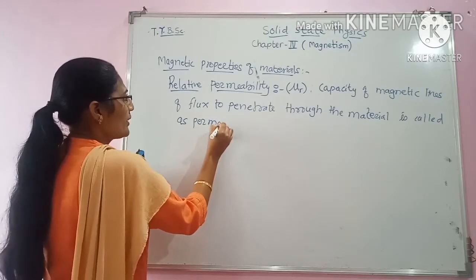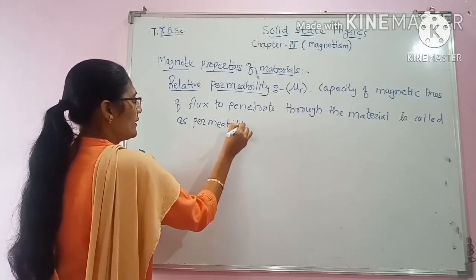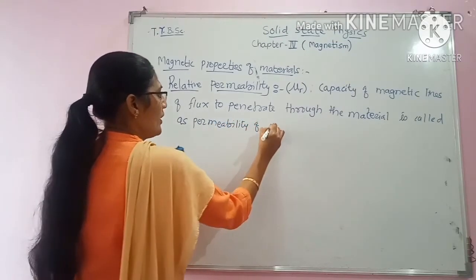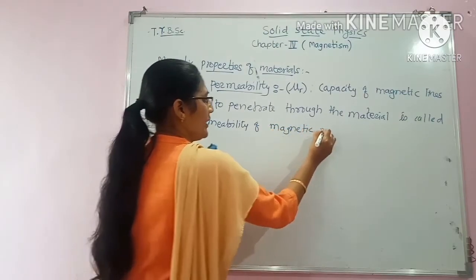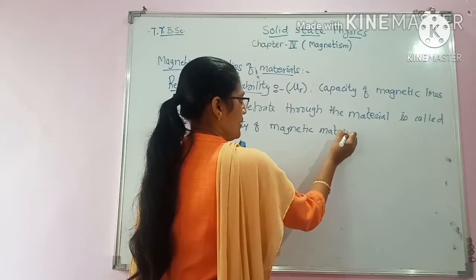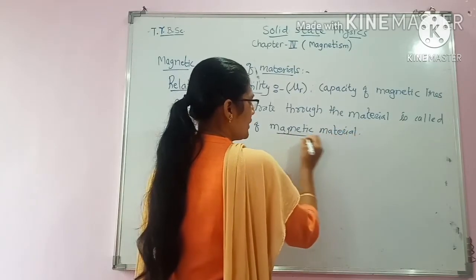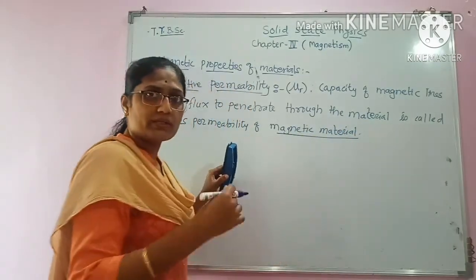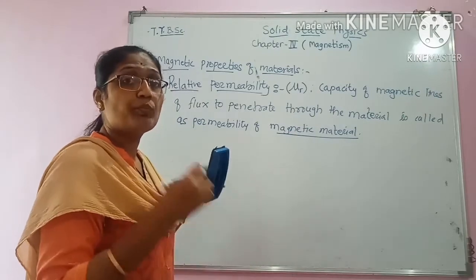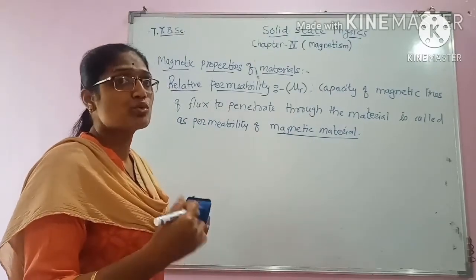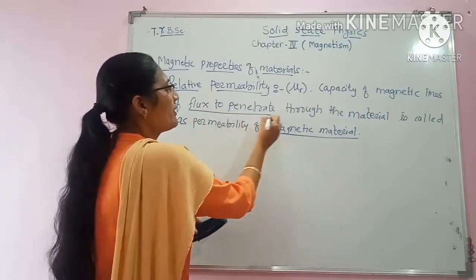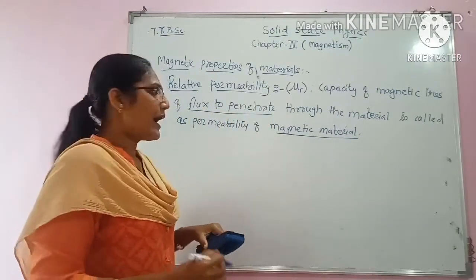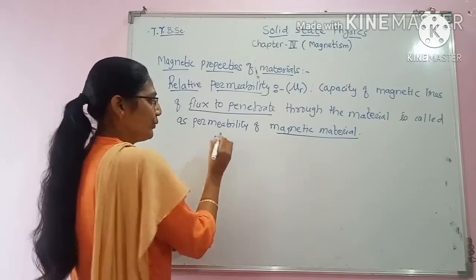It is called the permeability of the magnetic material. It denotes the capacity or strength of the magnetic material to permeate the lines of flux through it, and it is nothing but mu.